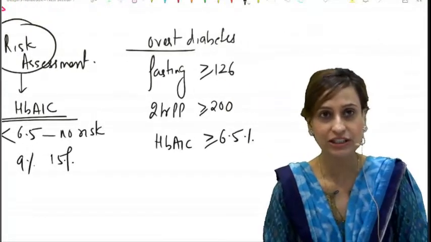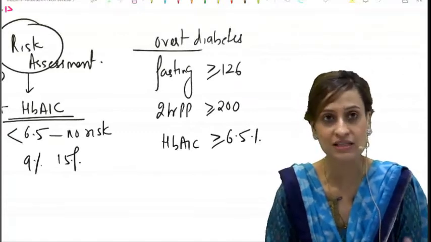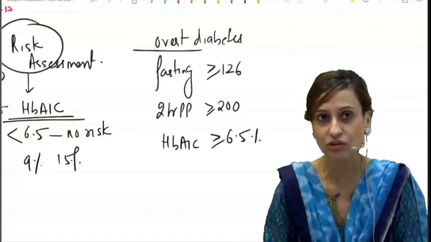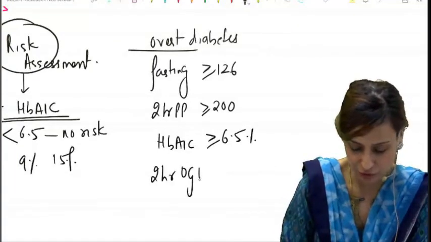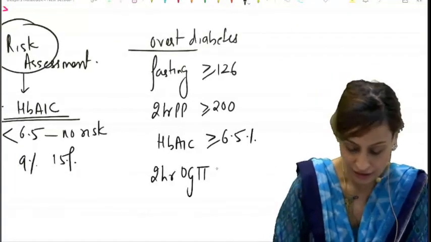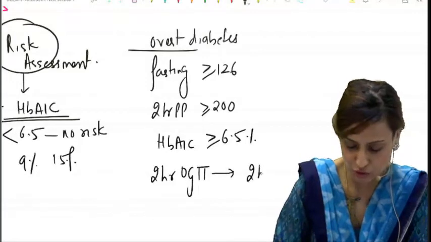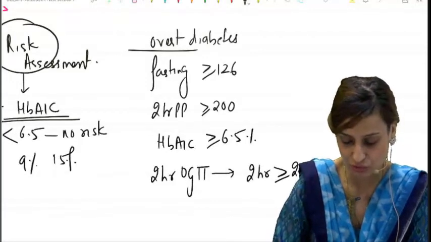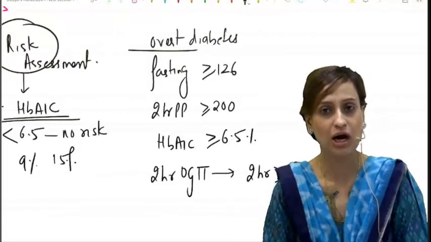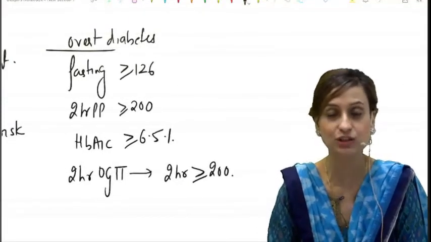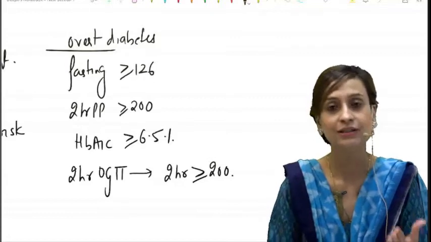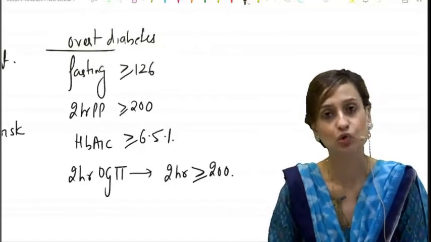These are all the criteria to say that the woman has overt, right? One more criteria for overt is when you are doing a 2-hour OGTT test, and in this test, the 2-hour value turns out to be more than or equal to 200. So in the 2-hour OGTT, if the value turns out to be more than or equal to 200, then that is also going to be overt diabetes.